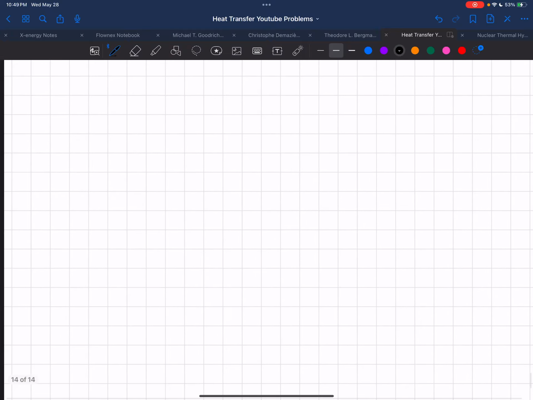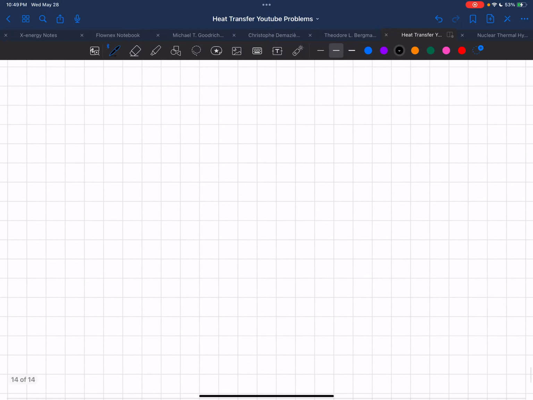We'll move on to our analysis. And we can solve this problem using Fourier's law, right? Which says that q double prime sub x, so we won't have the area, is k dT/dx.